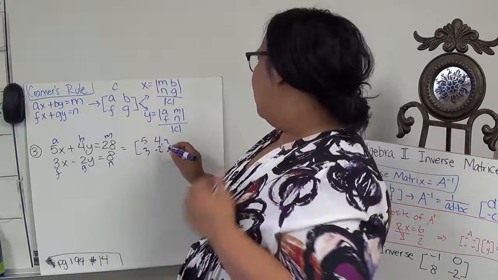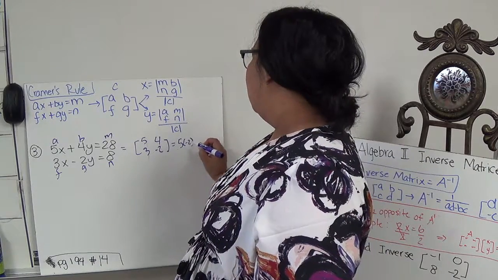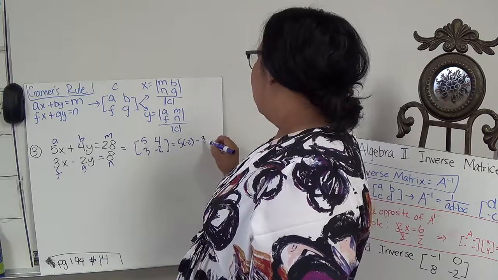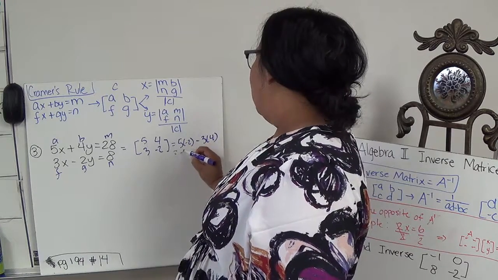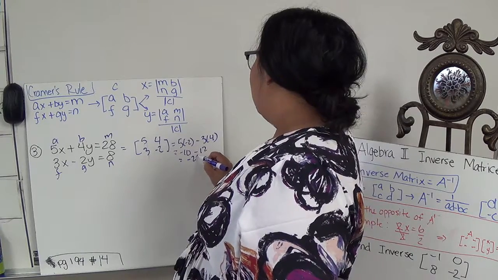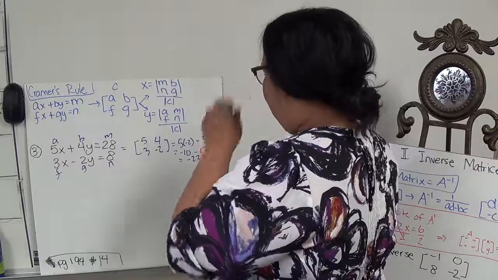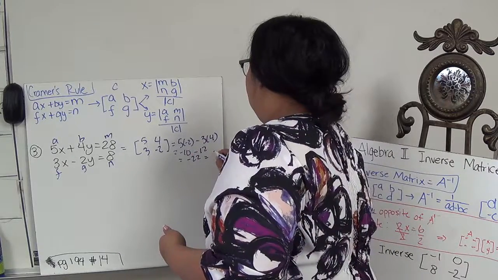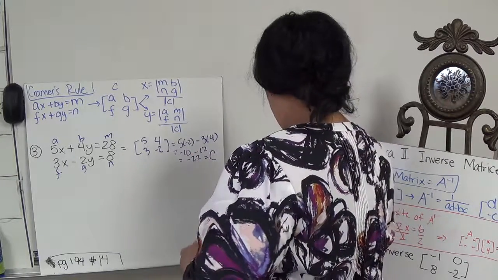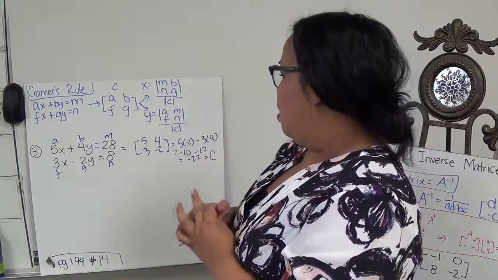So I'm going to find the determinant, which is 5 times -2 minus 3 times 4, which is -10 minus 12, which is -22. Okay, that's my big C. So then I'm going to plug it into the equation.